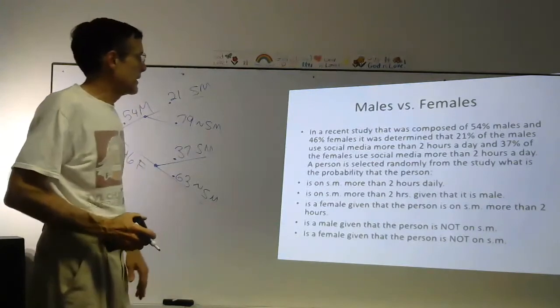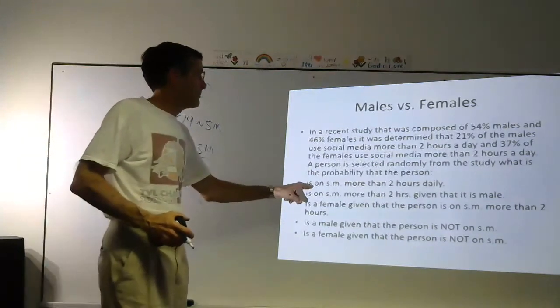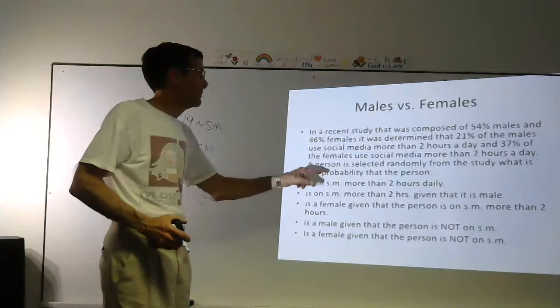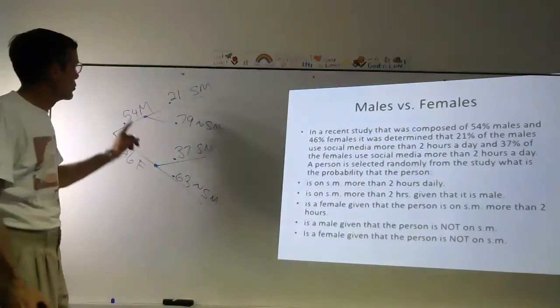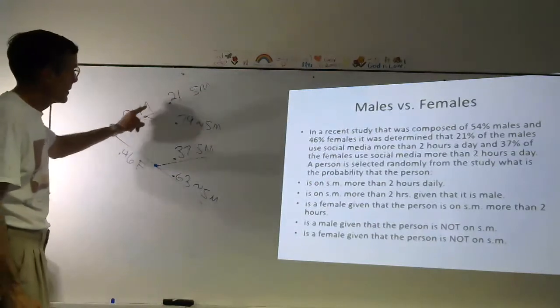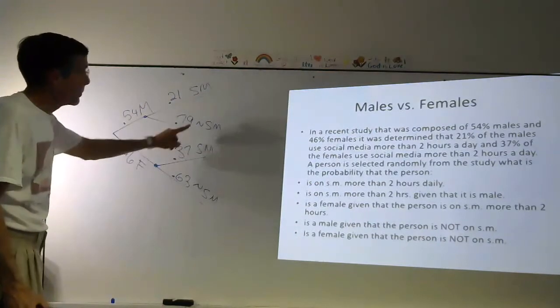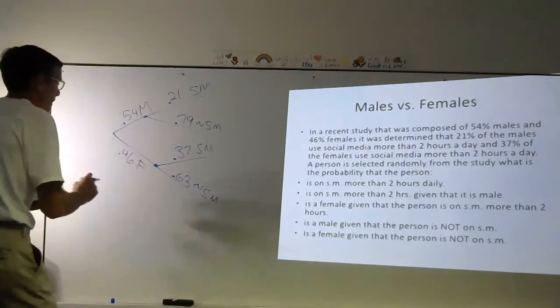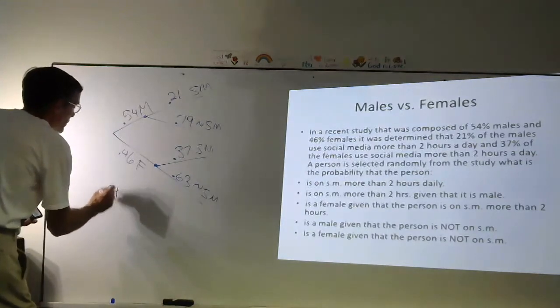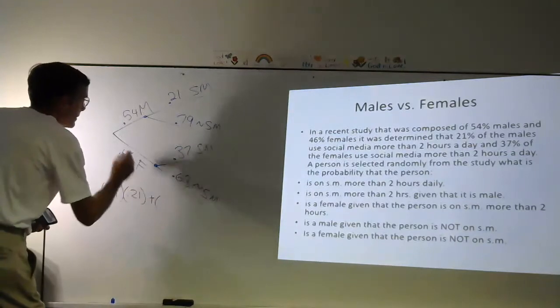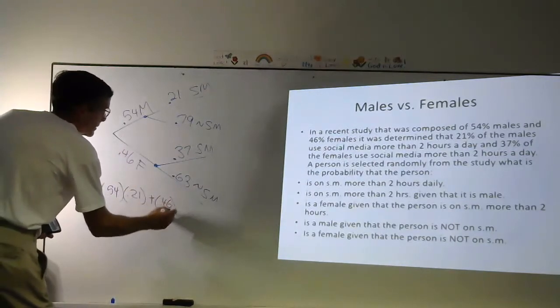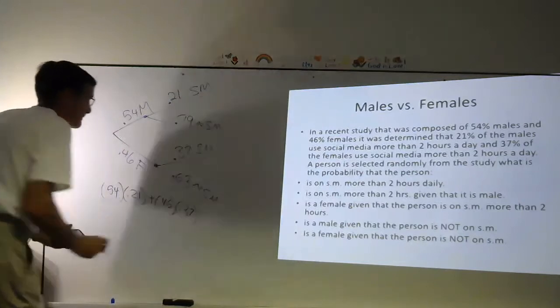A person is selected at random. What's the probability that that person is on social media more than 2 hours a day? You could get it this way. So I've got to take 0.54 times 0.21 plus 0.46 times 0.37. Let's do it.